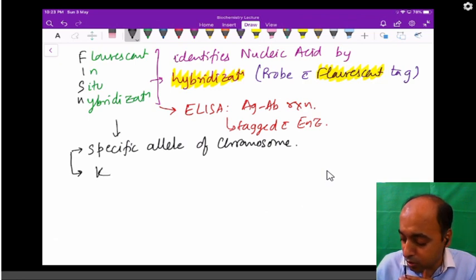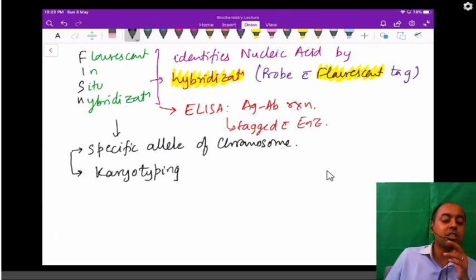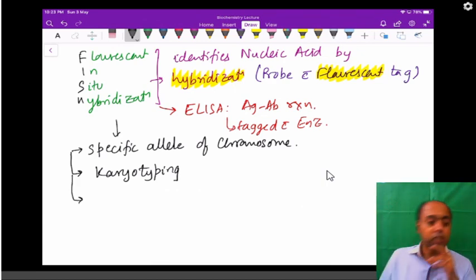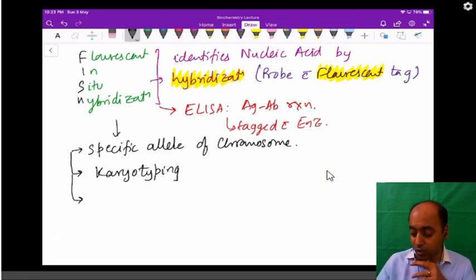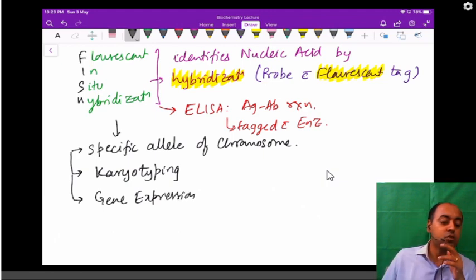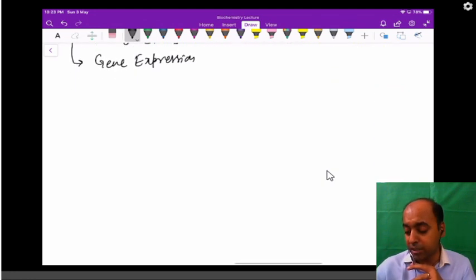Then commonly it is used for karyotyping, whether one or more chromosome or a segment of chromosome is missing. Lastly, the probe may be targeted towards RNA, where it can be used to study gene expression. Although there are cheaper ways to do that, theoretically we can use it to study the gene expression. So this is the fluorescent in situ hybridization.